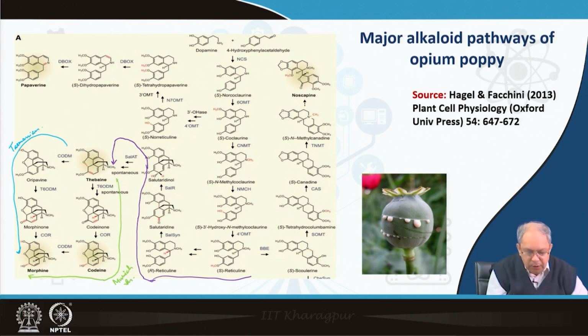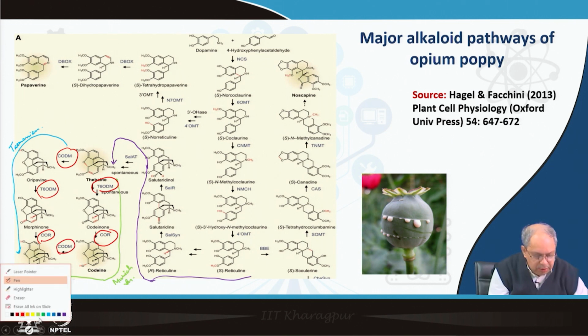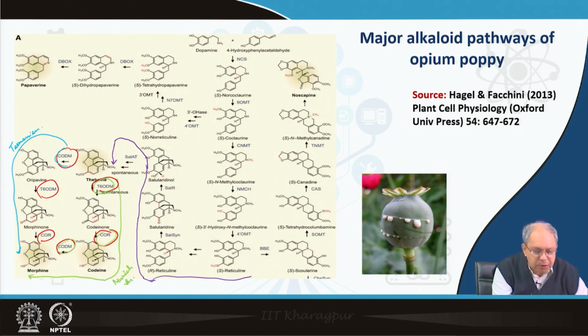We talked about T6ODM, and COR, codeinone reductase, was already characterized before. In this pathway, in the Munich variety, the order is CODM, T6ODM, COR, whereas in the Tasmanian variety it is T6ODM, CODM, COR.